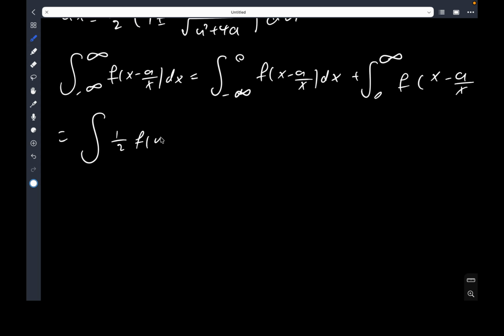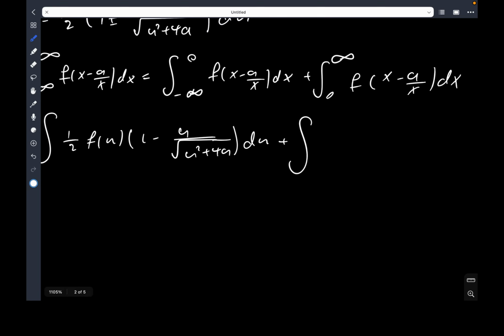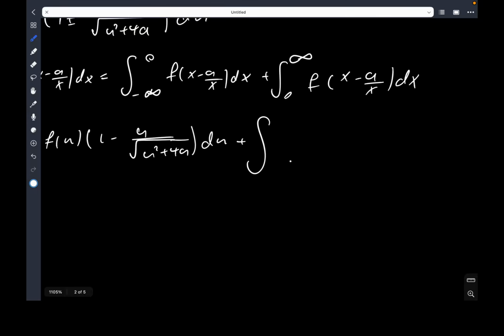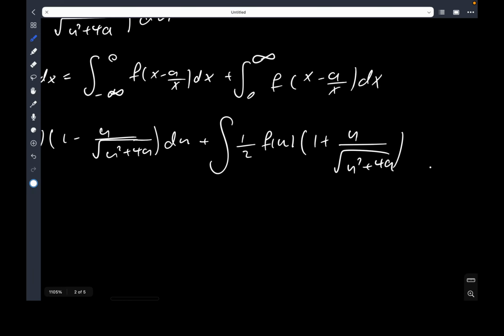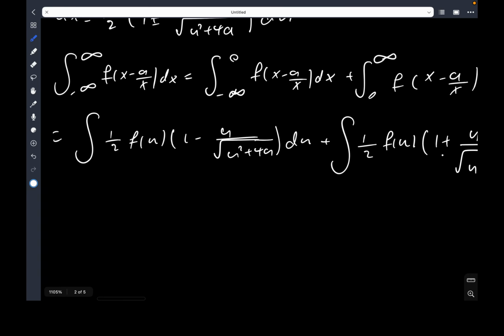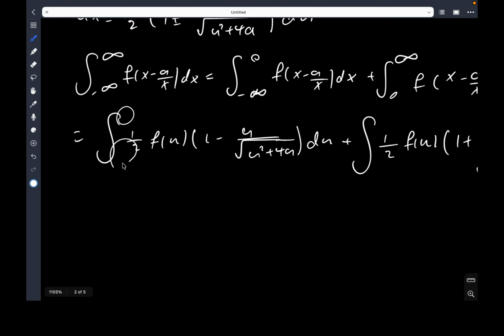Half f of u times 1 minus u over root u squared plus 4a du, plus the integral of half f of u times 1 plus u over root u squared plus 4a du. Now we would worry about the bounds that we should put here.